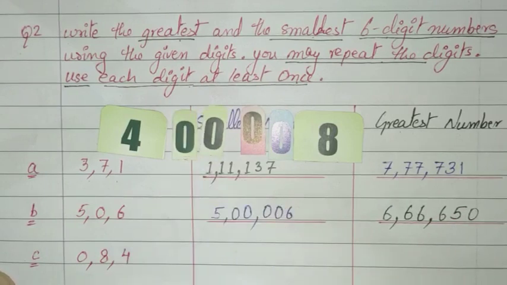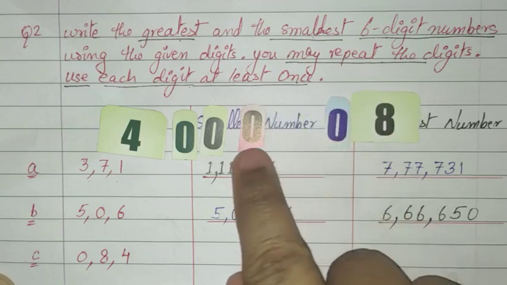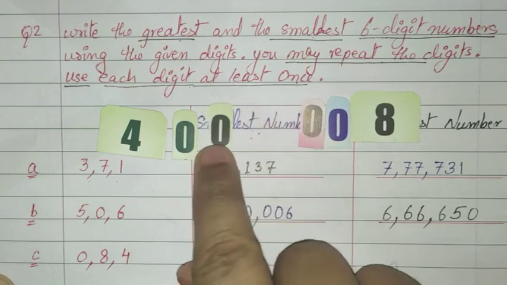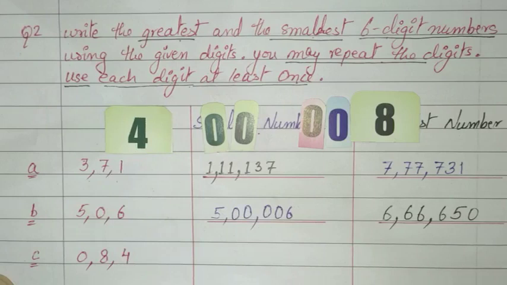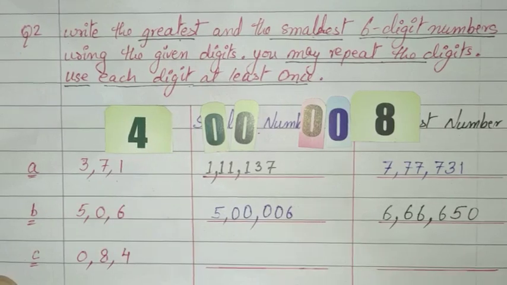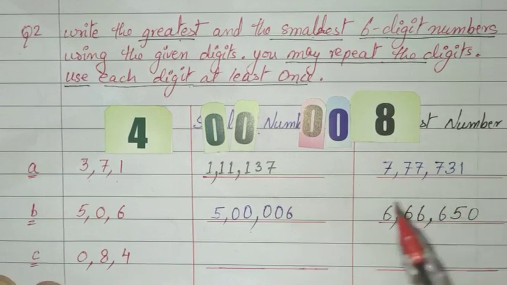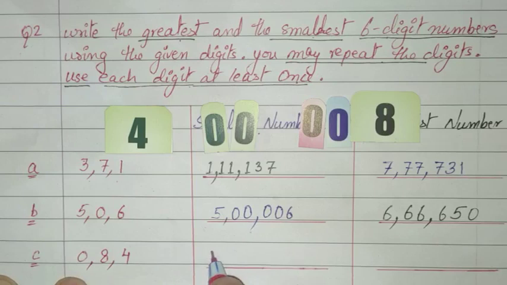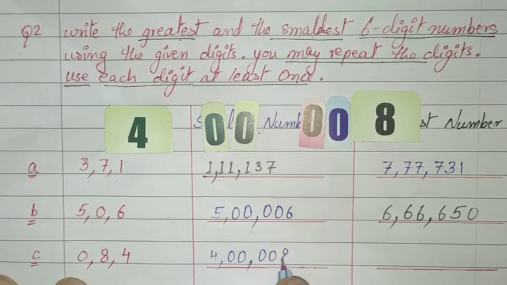Now step 3 is put commas to separate periods. Ones period has 3 digits, thousands period has 2 digits, and then lakhs period. So our smallest 6-digit number is 4, comma 0, 0, comma 0, 0, 8.